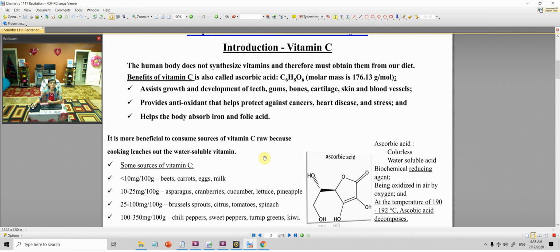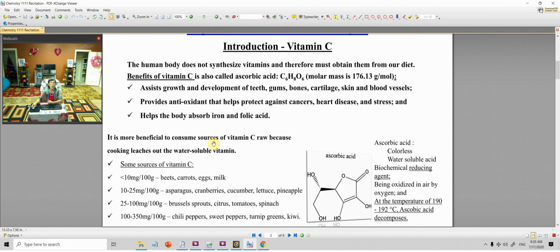It is more beneficial to consume vitamin C in a raw format. Cooked vitamin C can result in the leaching out of your useful active chemical component.